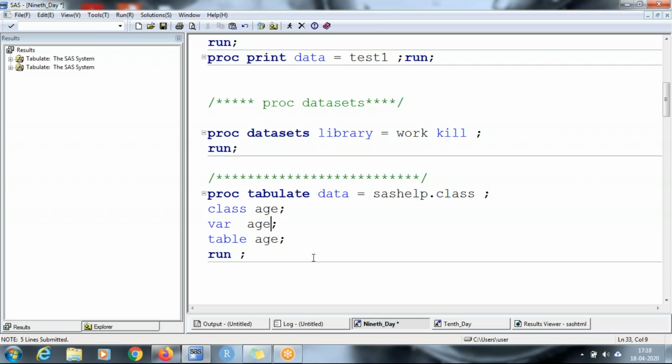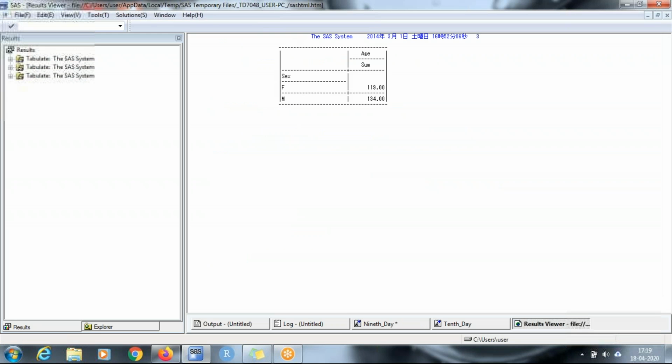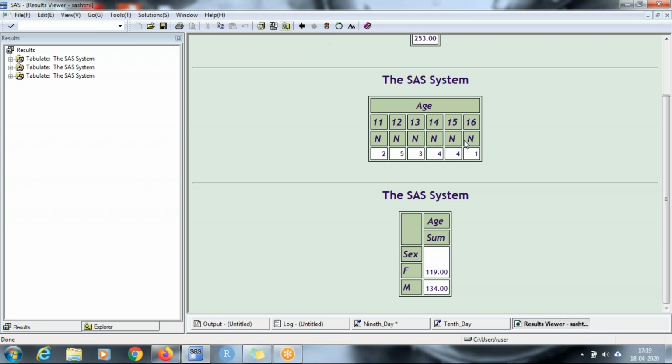Okay, so let me move ahead. Now I have defined one variable over here. Now I am introducing another variable which is categorical in nature, and I am using that variable at the row place. So this is how you are structuring your table.